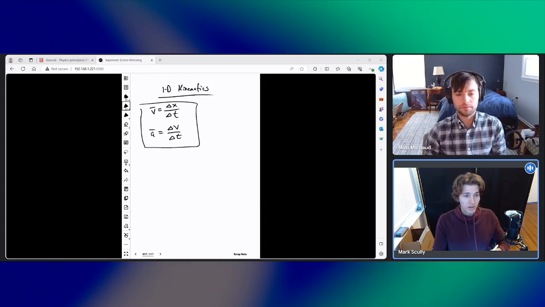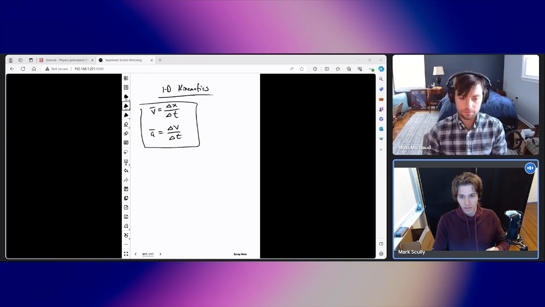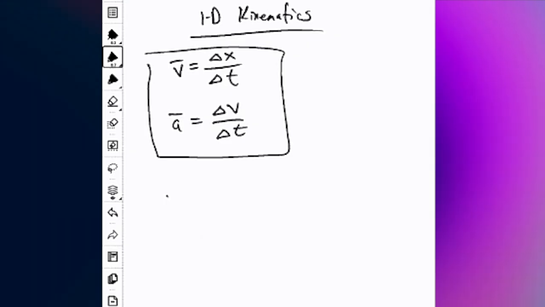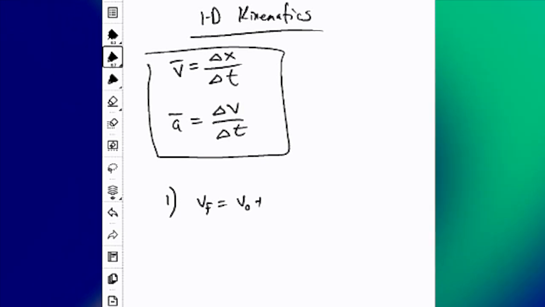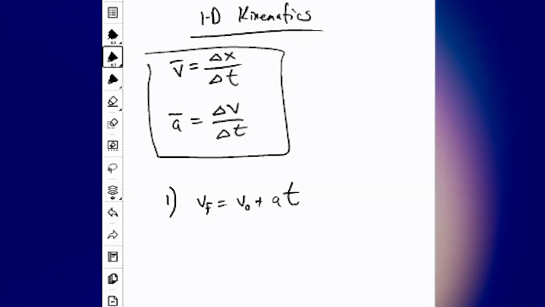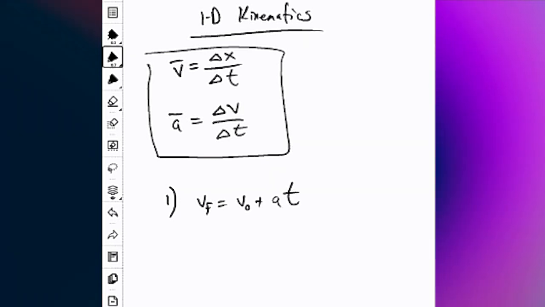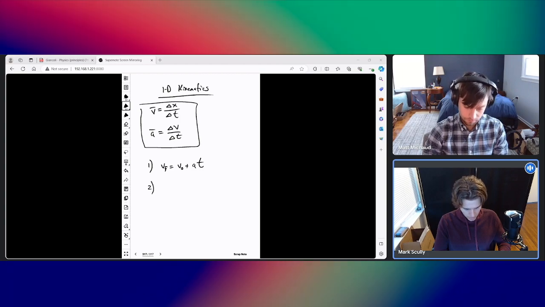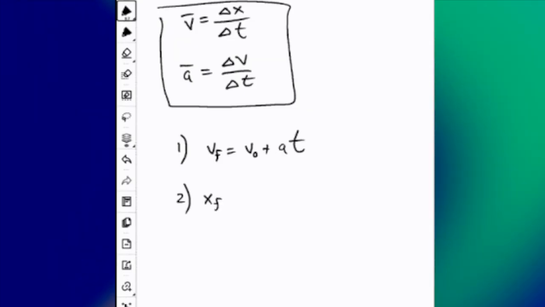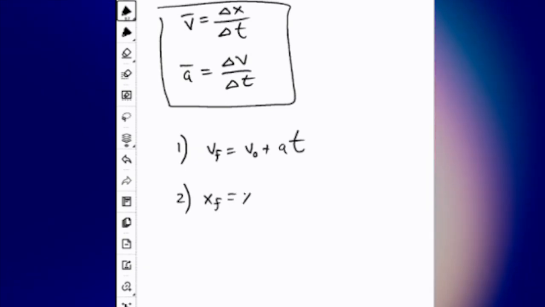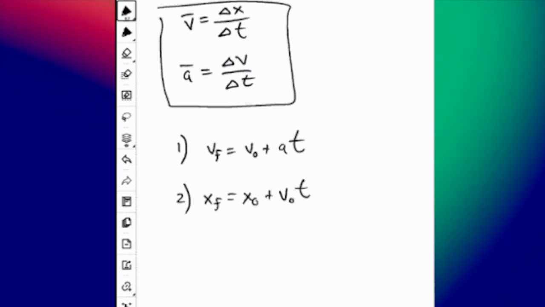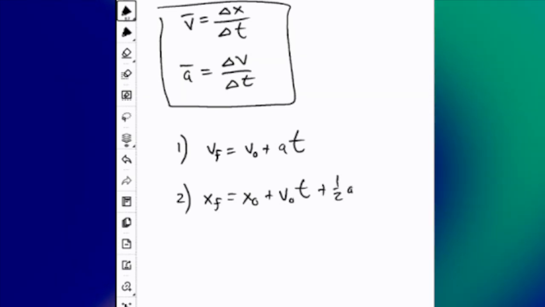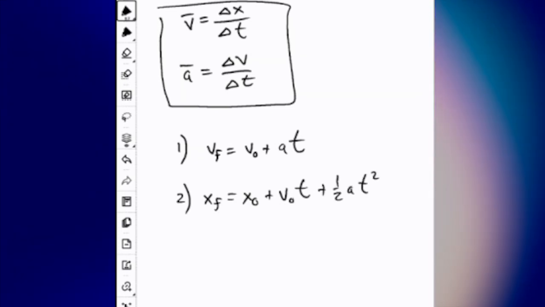Then we're going to be bringing up three major equations. The first of which is the final velocity is equal to the initial velocity plus acceleration times time. The second is the final position is equal to the initial position plus the initial velocity times time plus 1/2 of the acceleration times the time squared.